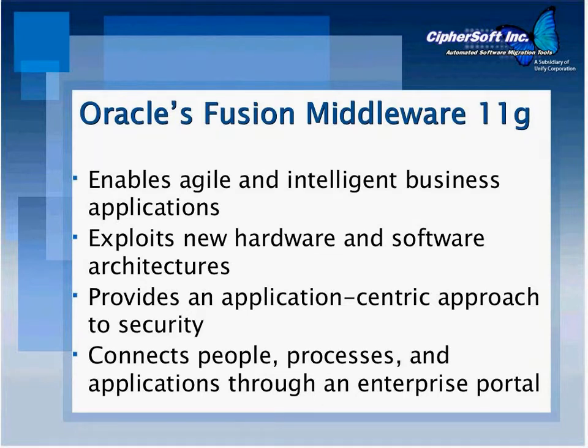So the overall goal for the Fusion Middleware is to be able to really exploit the new hardware and software architectures and take advantage of those while enabling you as a developer to have really intelligent business applications. And I think when you're evaluating your applications and where you want to go with those and what you'd like to do, it's really important to try to determine the life expectancy of that app, but also where you'd like to see that application in the next 2 to 3 years.